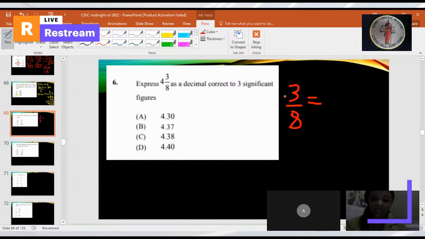So 8 into 3, you can't, so you put a 0 and start a decimal. Add a 0 there. 8 into 30 goes 3 times. Remainder 6. Add 0. 8 into 60 goes 7 times.